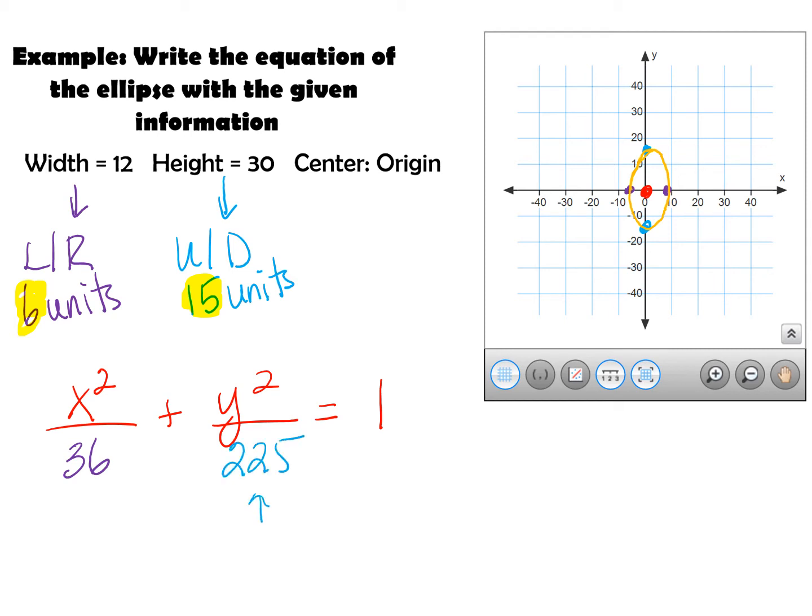So this is going to be my a squared, and this one is my b squared. So going back and using that equation from the beginning. Again, it doesn't matter. You could write the y squared term first and then the x squared. I just typically always put the x first.